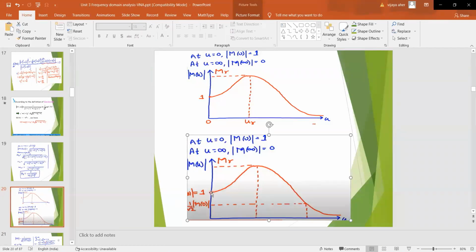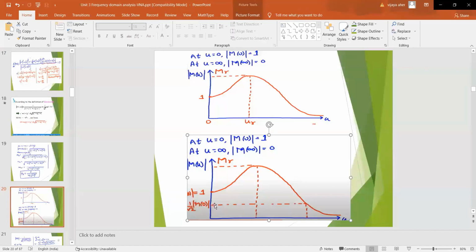Now talking about bandwidth. If you simplify the equation I have given, you will get the bandwidth at 1 divided by root 2 times the magnitude M(0). That 1 divided by root 2 is nearly equal to 0.707.